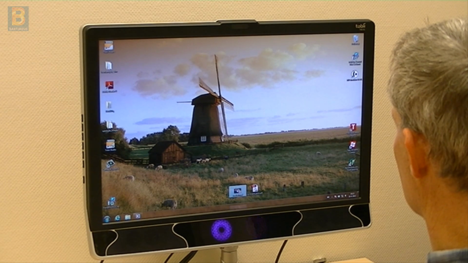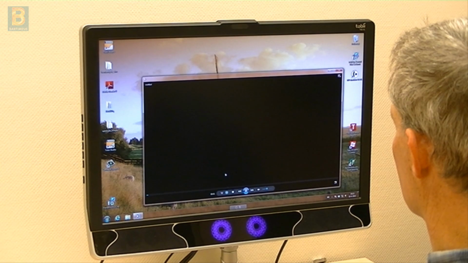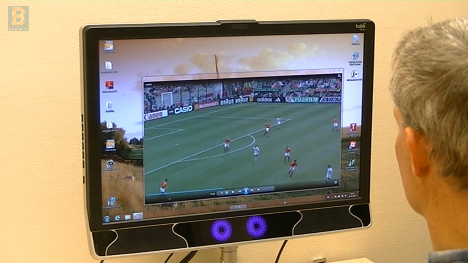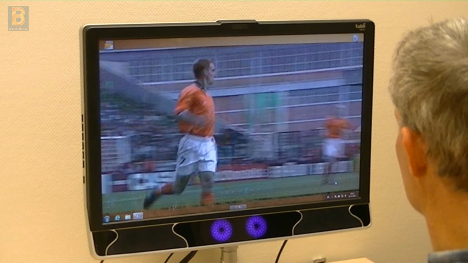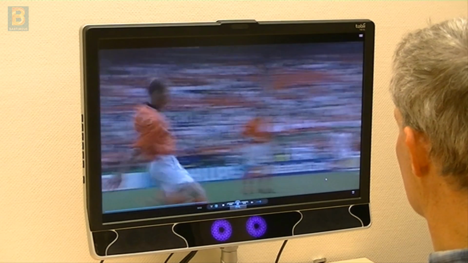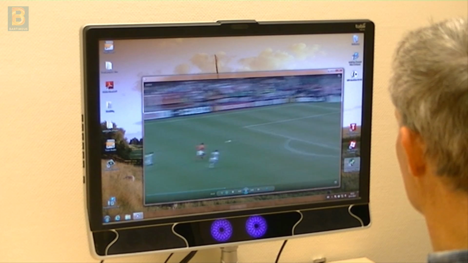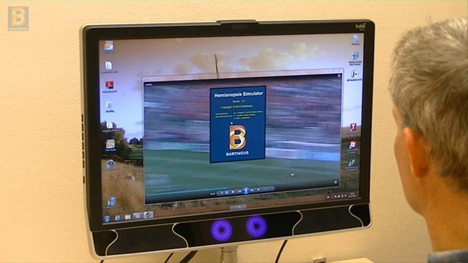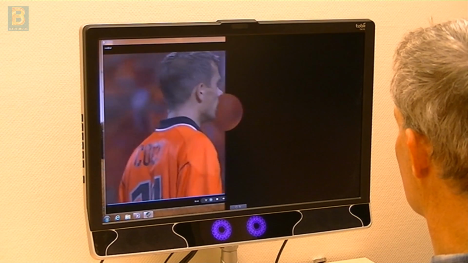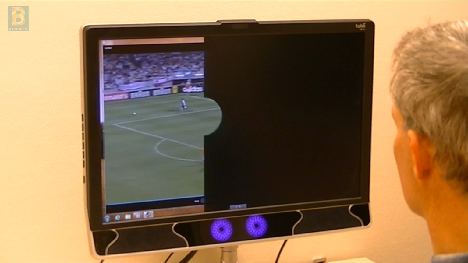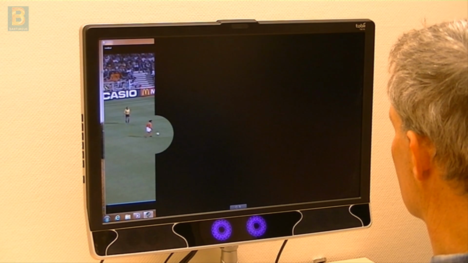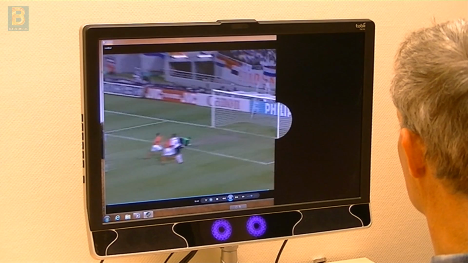We will now look at moving images. The Hemianopia simulator is started. It already becomes clear that we are missing things.